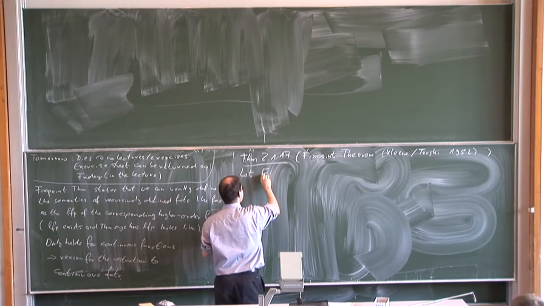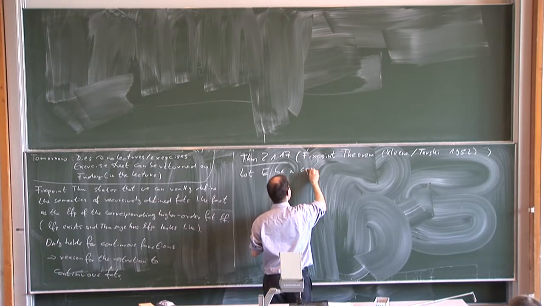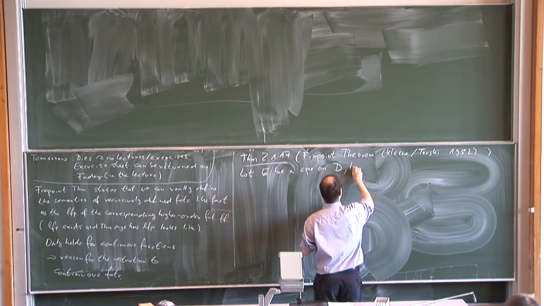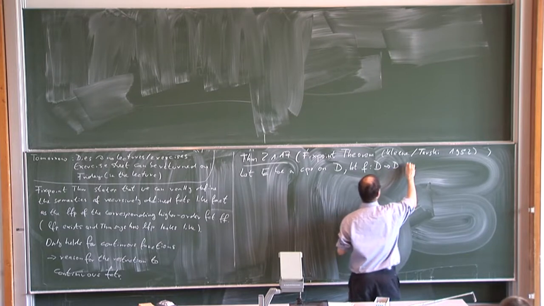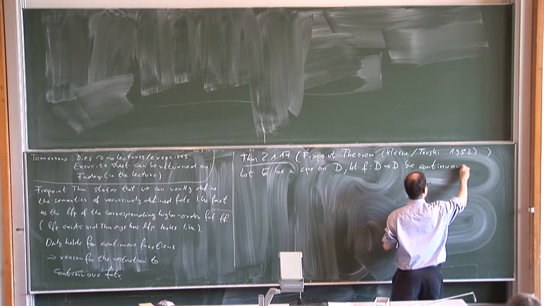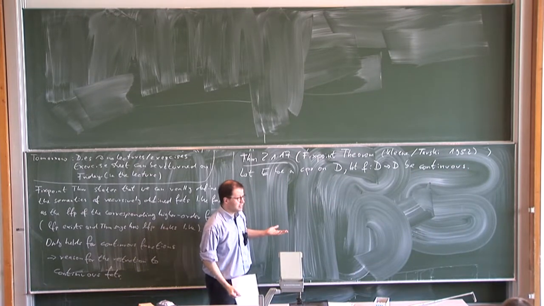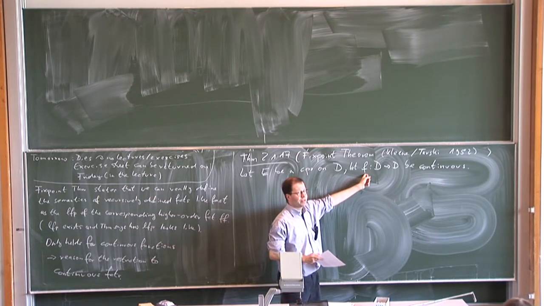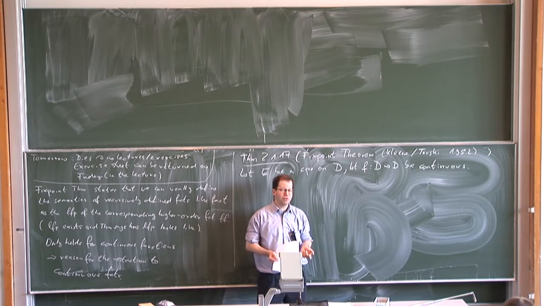So let this here be a complete partial order on some set D, and let f go from D to D and be continuous. When we use it for semantics, this f is this higher order function ff. This higher order function computes approximations, for example, to the factorial function.